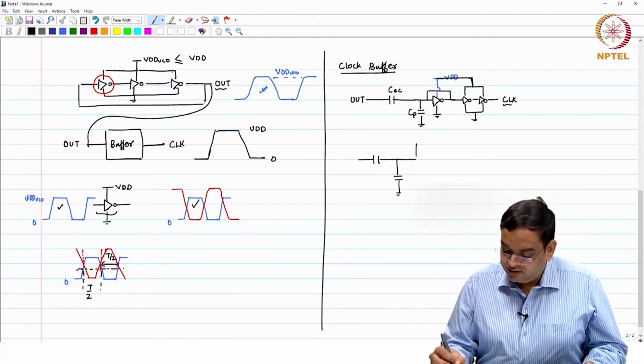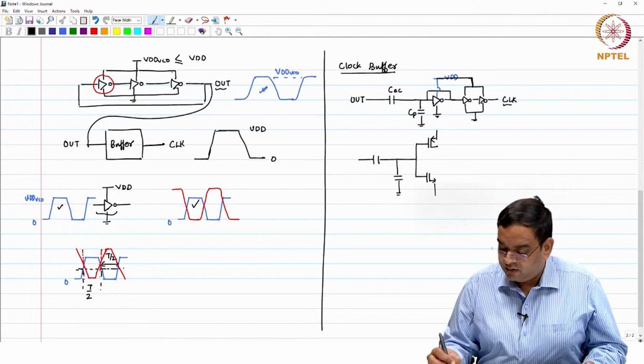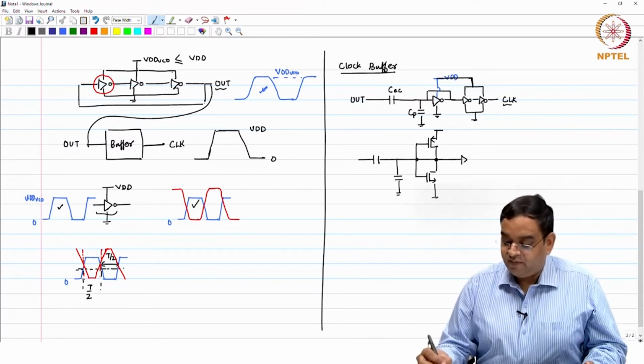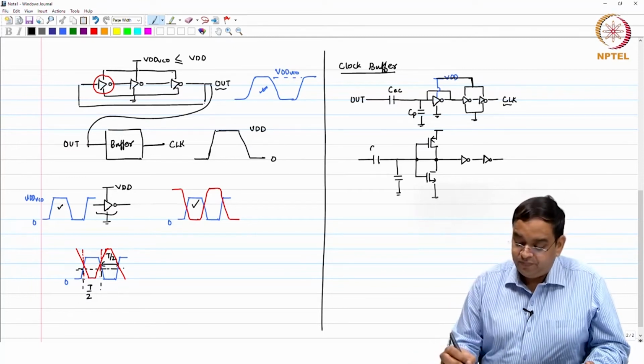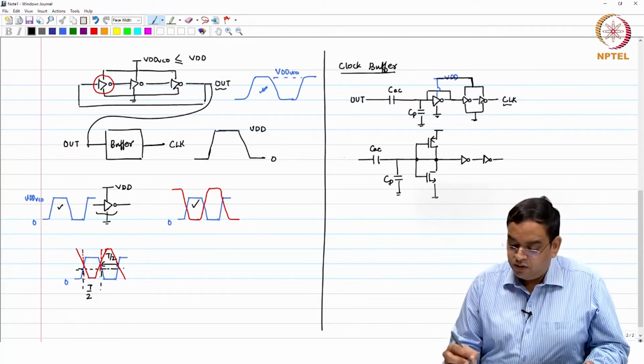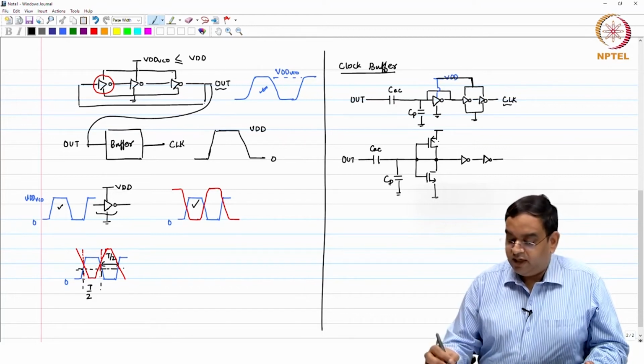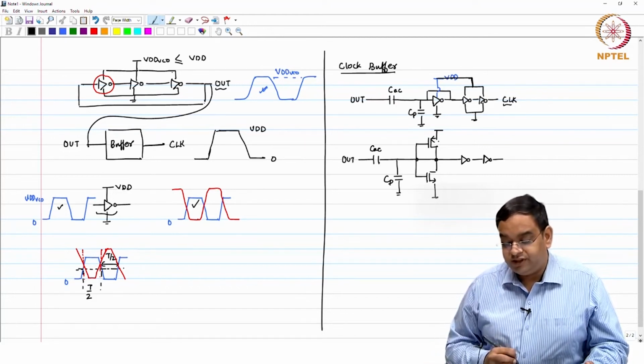I will first draw the inverter here the way we have it in our circuit, and this is connected back to back, and all the other inverters are the same, where you are not connecting back to back. Now, this is your out and this is your signal.